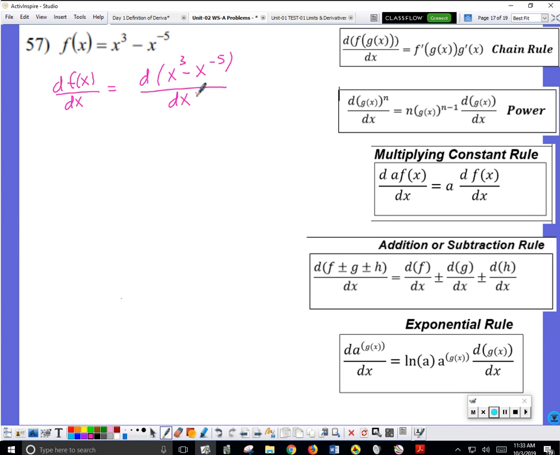Hands up. What rule? Cal. Subtraction. So, I go right to here, my add subtract rule. I see, yeah, I've got an f minus a g. So one derivative becomes 2.